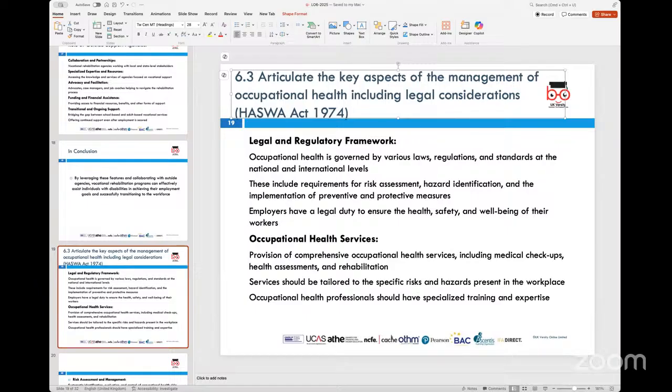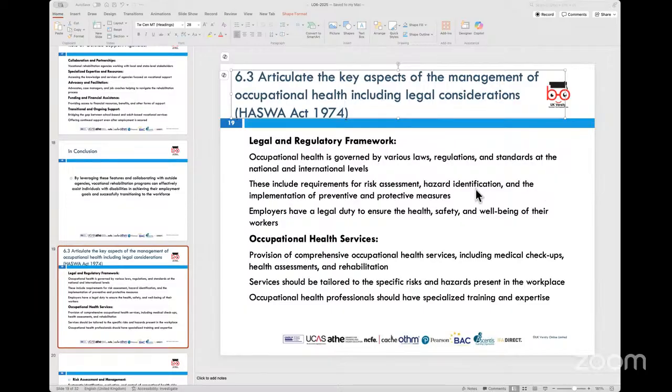It includes providing adequate welfare facilities, safe access, and reporting any serious incidents to relevant authorities, and they are all part and parcel of what is required to be followed by employers as legal considerations.